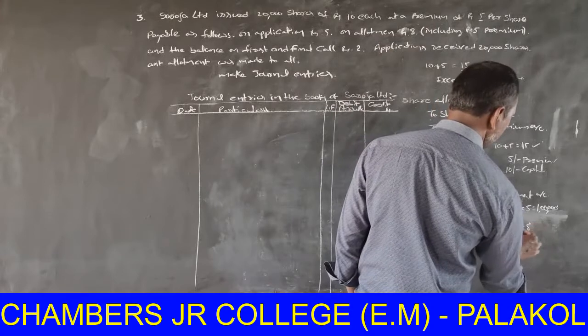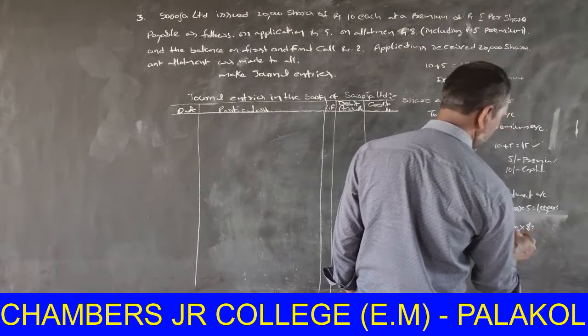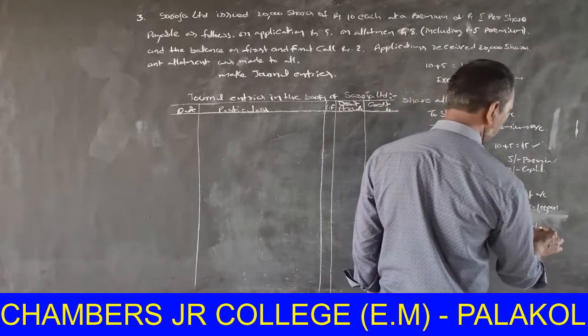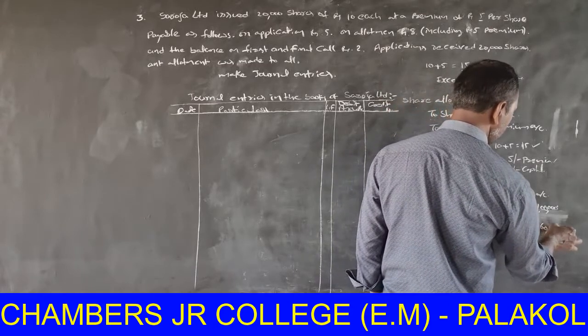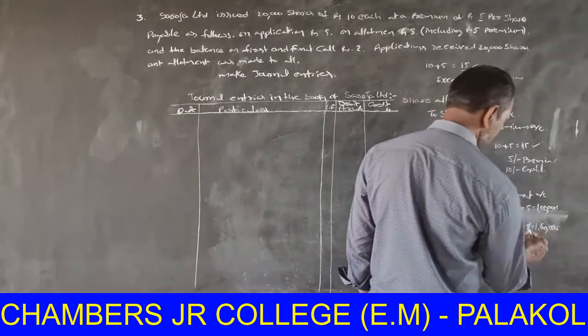On allotment, 20,000 into 8 equals 1,60,000.